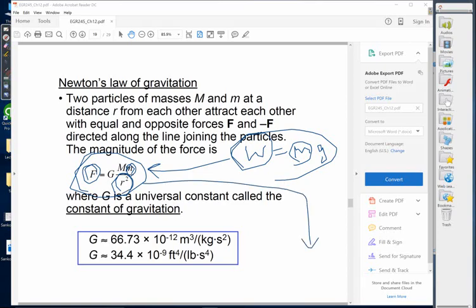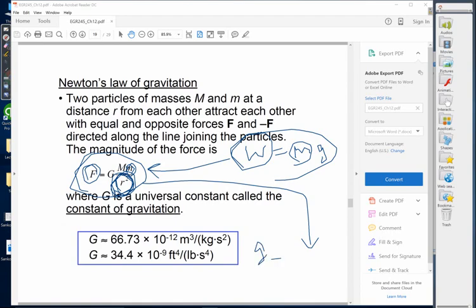Big G we know is already a constant. Mass of the Earth obviously is a constant. What is the distance between the Earth and some object that sits on its surface? Well, for anything that sits on the Earth's surface, the Earth is going to be much larger. So the distance between the center of the Earth and the center of that object is essentially the radius of the Earth. And the radius of the Earth can be taken to be another constant. So what is g, the acceleration due to gravity?